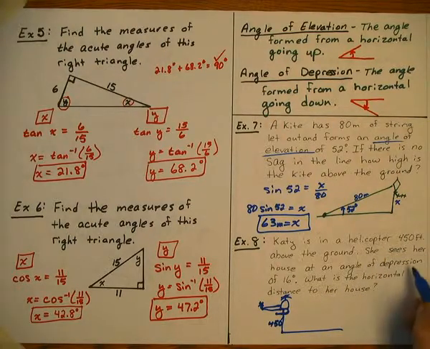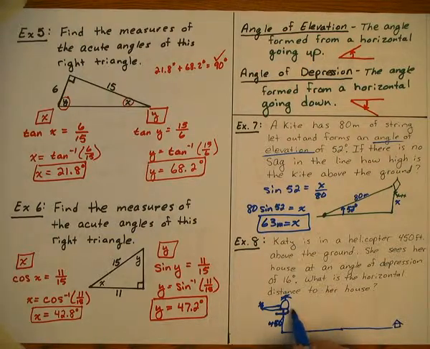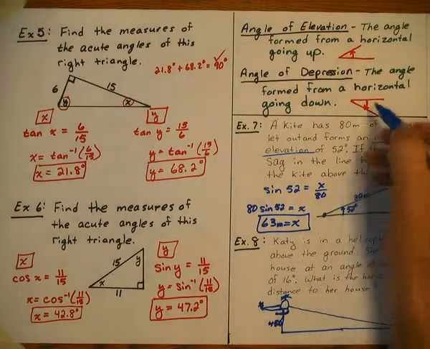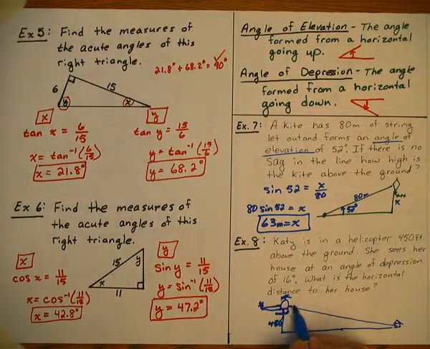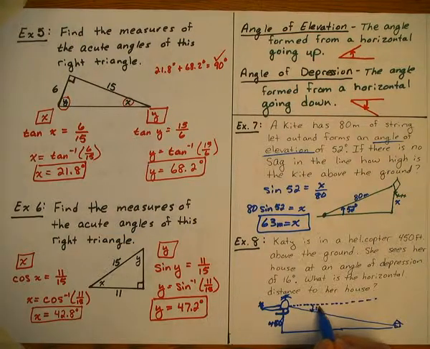She sees her house at an angle of depression of 16 degrees. Okay, so her house is over here. The angle of depression is 16 degrees. Remember, the angle of depression goes from a horizontal looking down. So there is the horizontal. The 16 degrees would be located right here.